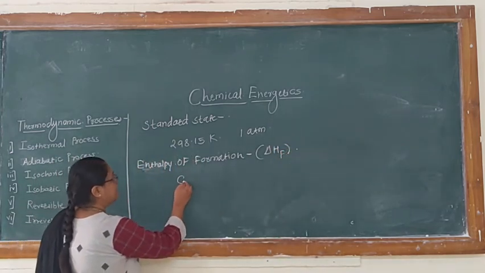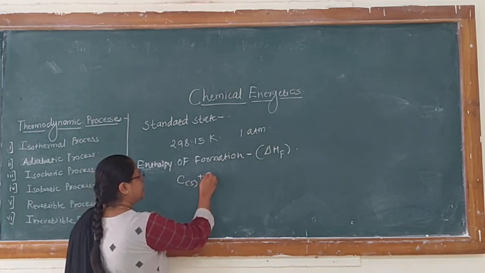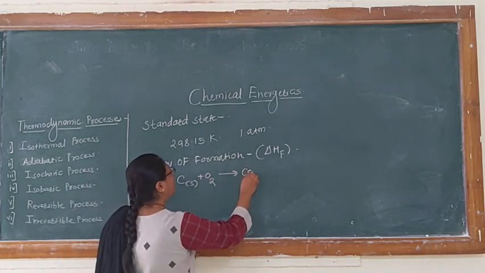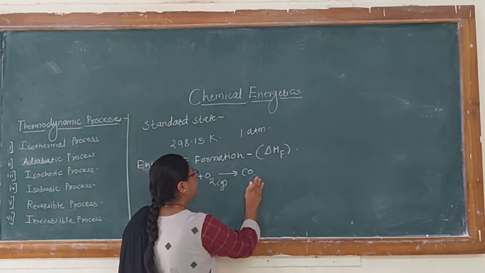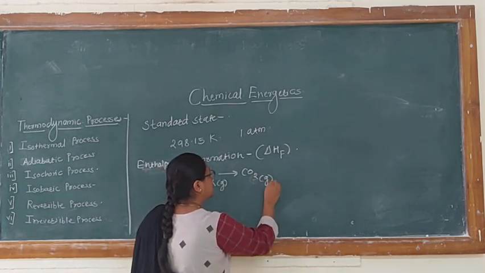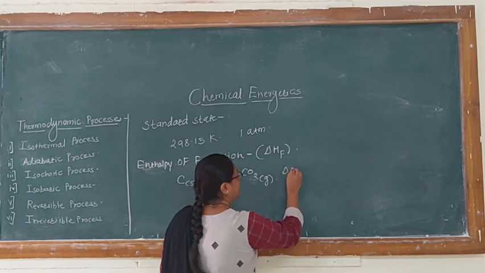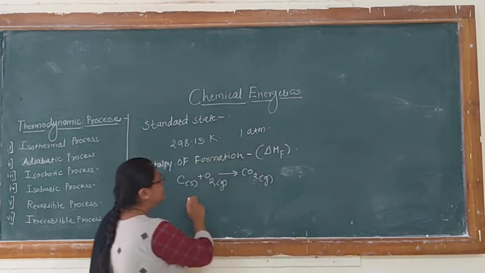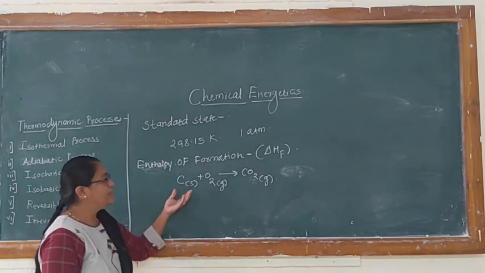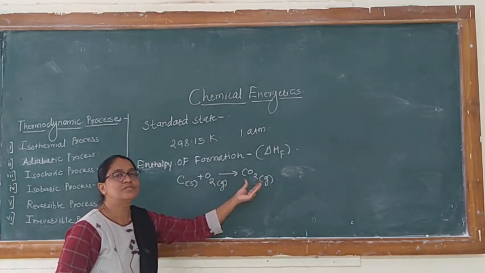Let's take one example: the formation of carbon dioxide gas from carbon and oxygen. This is the reaction. Carbon with oxygen forms CO2.